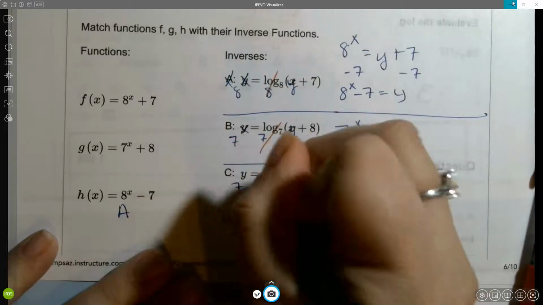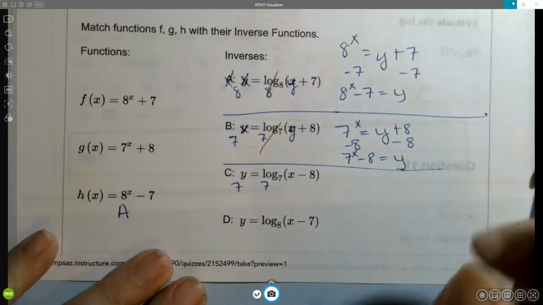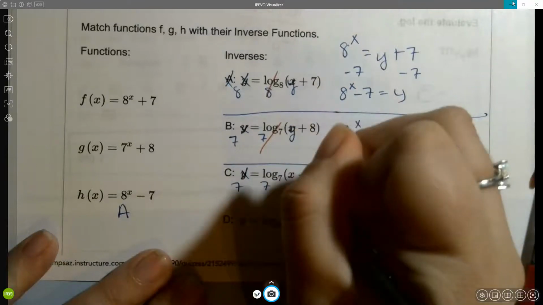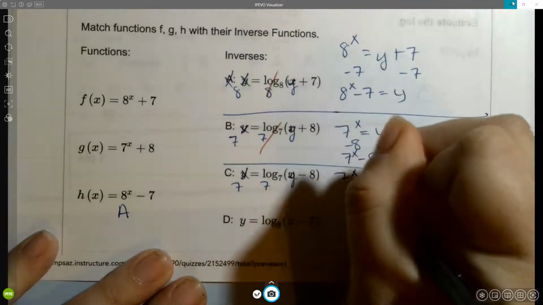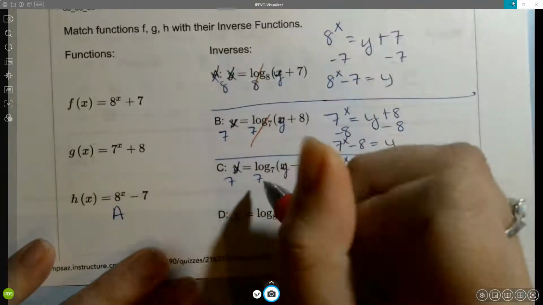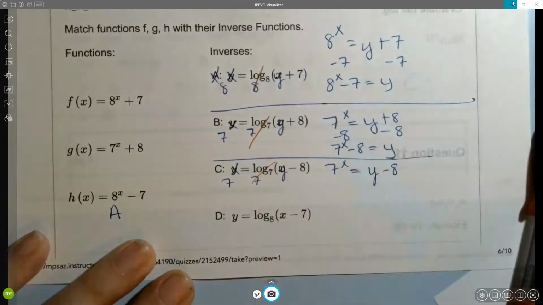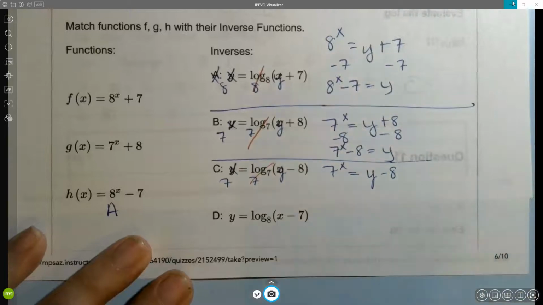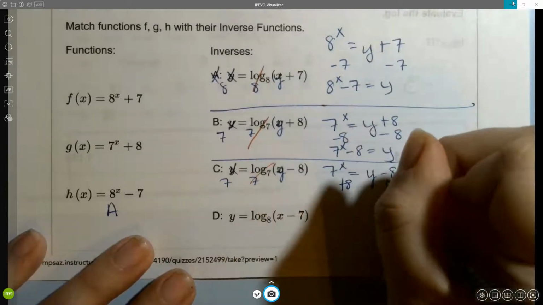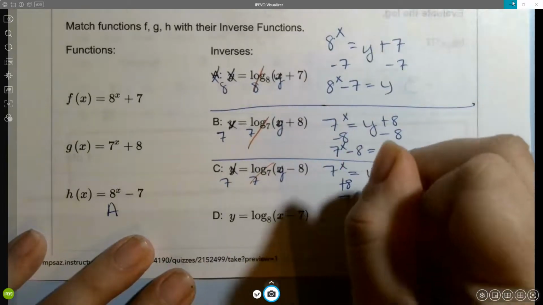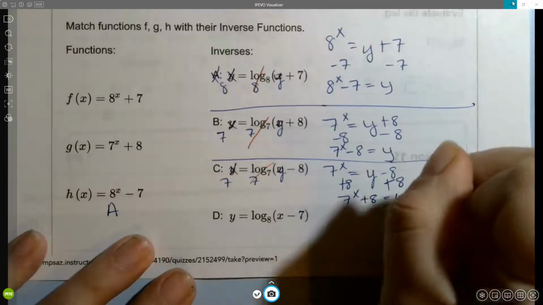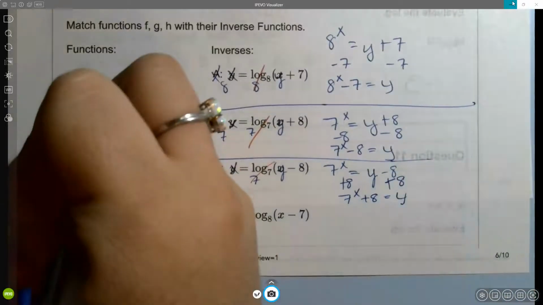Same thing for c. Raise to the exponent of 7 and switch my x and y. So I have 7 to the x. The base and log 7 cancel out, so then I get y minus 8. I want to go ahead and add 8 to both sides, which gets me 7 to the x plus 8 equals y. This is the g function.